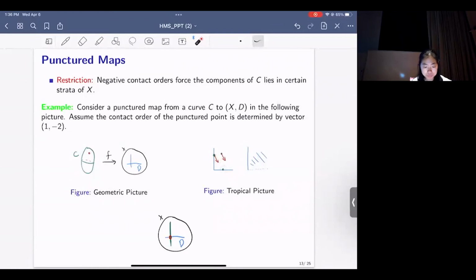And the condition that we had before forces this curve to lie in the component associated to this stratum, which forces the component to lie in here. So tropically, if the component lies in this stratum, we cannot add a leg in this direction at all, which geometrically means the condition does not allow the curve to map to the stratum of this D, this component of D.